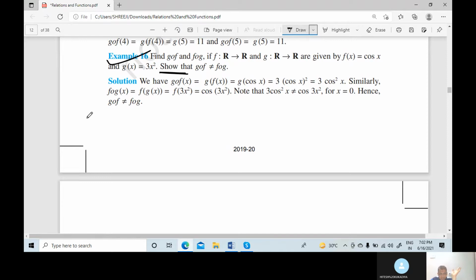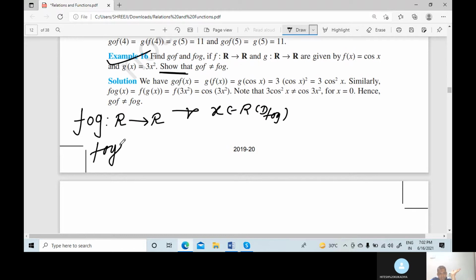Look here, we calculate first the function FOG. The function is from R to R. Every x belongs to R, the domain of FOG.